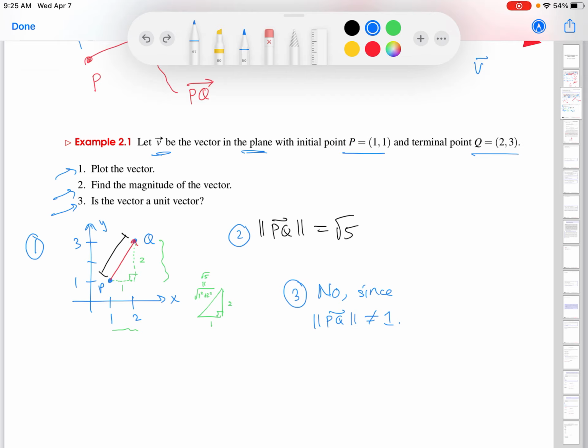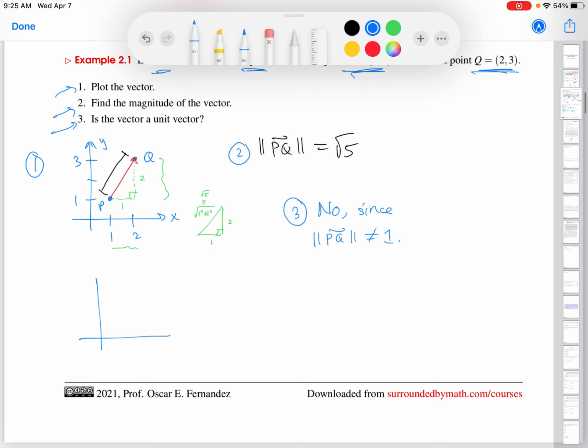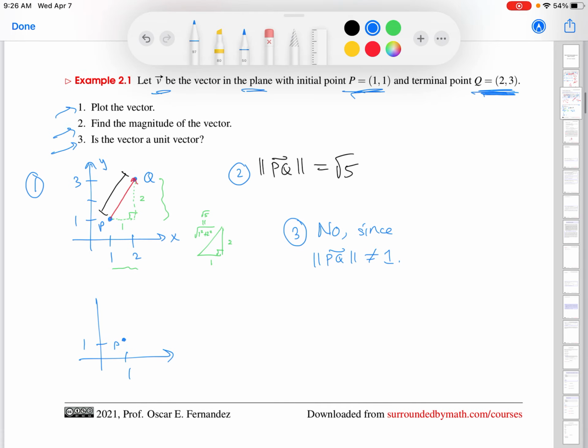When we think about it, what did we do to draw this vector? What I did first was I drew the point P, and then I drew the point Q, and I connected them with an arrow. But what I could have done differently is I could have started with the point P, and then I could have said, oh, Q is at x value 2, as opposed to P at x value 1. So I'm going to move 1 unit to the right.